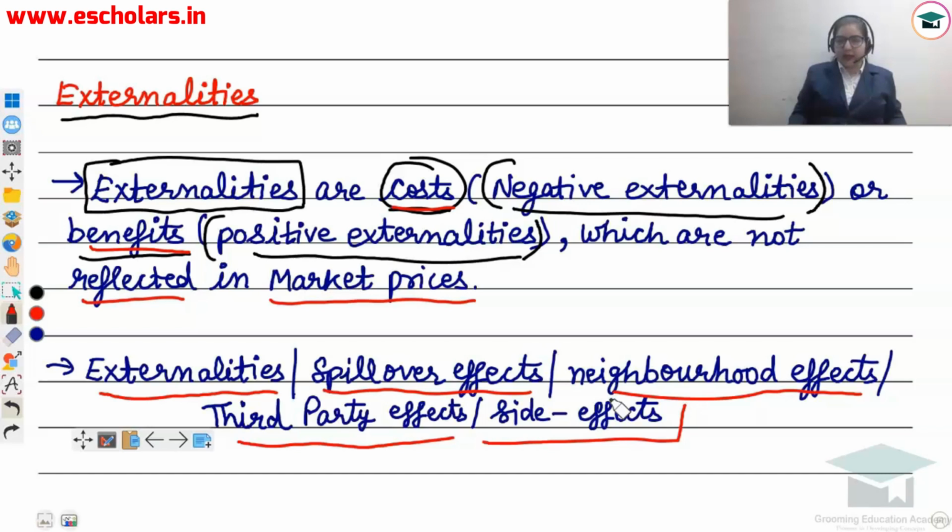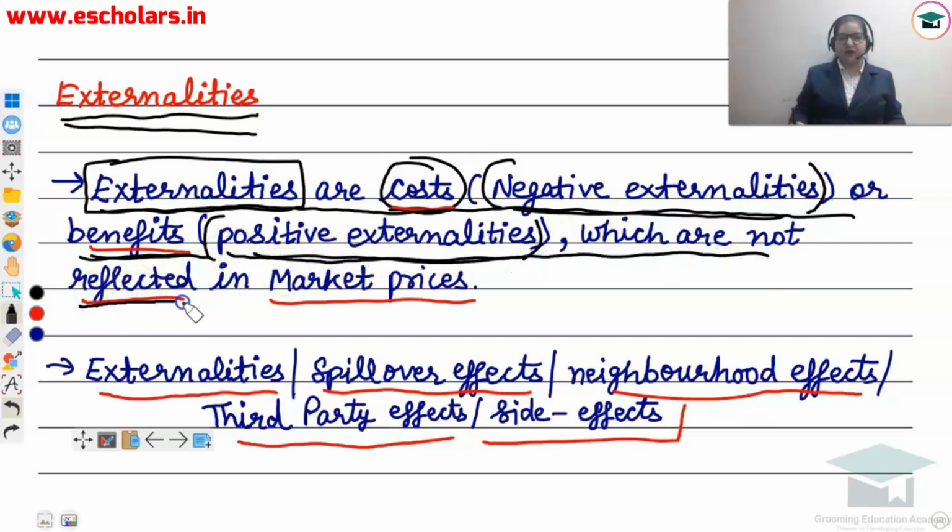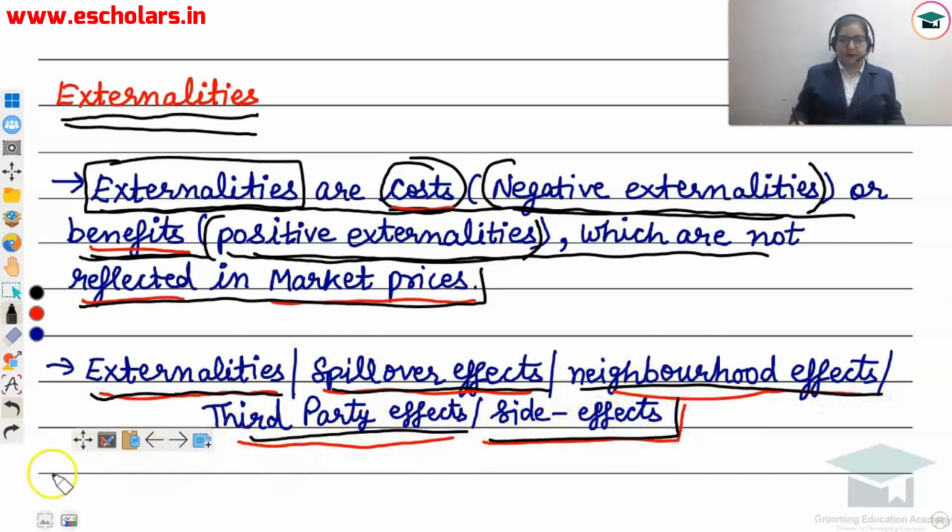Okay, so that's why externalities are also known as spillover effects, neighborhood effects, third party effects, and side effects. So let's recall it till now. Externalities are costs, that is negative externalities, or benefits, that is positive externalities, which are not reflected in market prices. Externalities are also known as spillover effects, neighborhood effects, third party effects, and side effects.